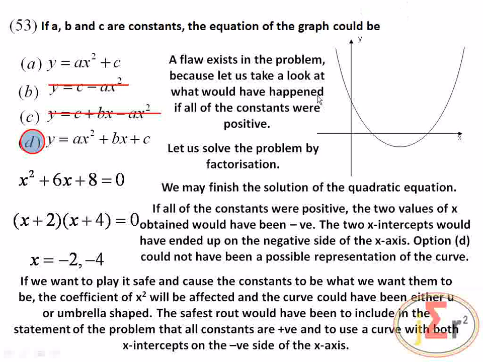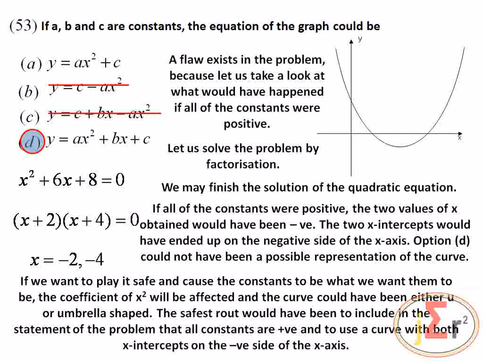So stating that all constants are positive will give us an idea that the curve must be either U-shaped or umbrella shaped. That would have been fixed by saying that the constant is positive.